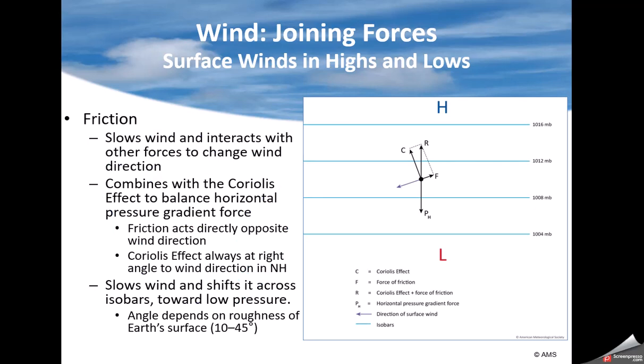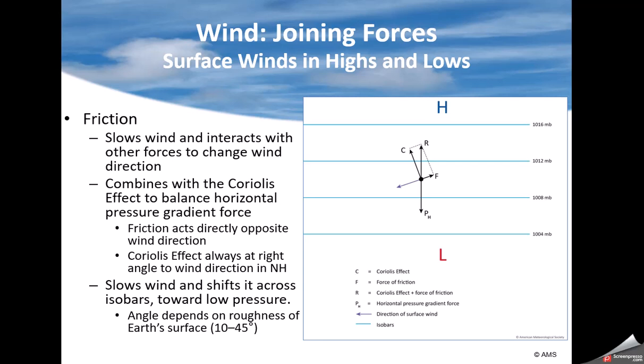Now, when we go down into the surface, we pick up friction. Friction is much greater near the surface. What that does is slow the wind down. Where the pressure gradient and Coriolis were balanced, they're no longer balanced because the motion has been slowed by the friction. If it's slowed, then the Coriolis effect is not as much.